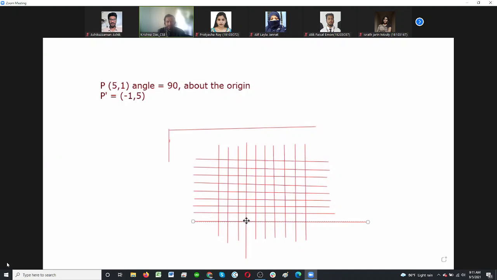So like this is maybe our point. Our actual P was 5 and 1. So this is maybe 1, 2, 3, 4, 5, and then the 1. So say my point was in here, P, and that has the value 5 and 1.